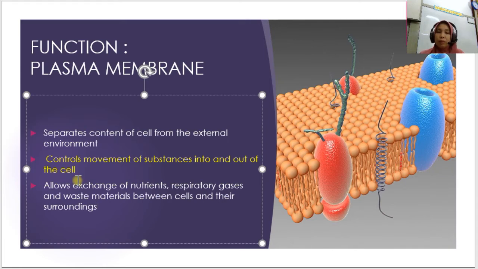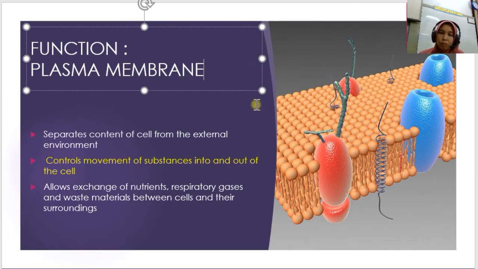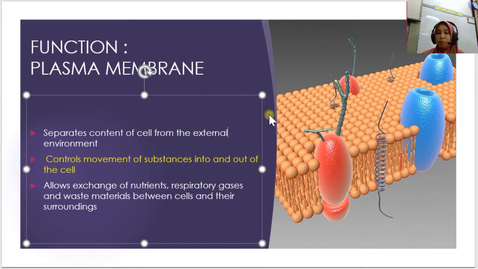How does it control? It only allows certain substances to pass through it. That's why the characteristic of the plasma membrane is partially or semi-permeable. So that is the plasma membrane.